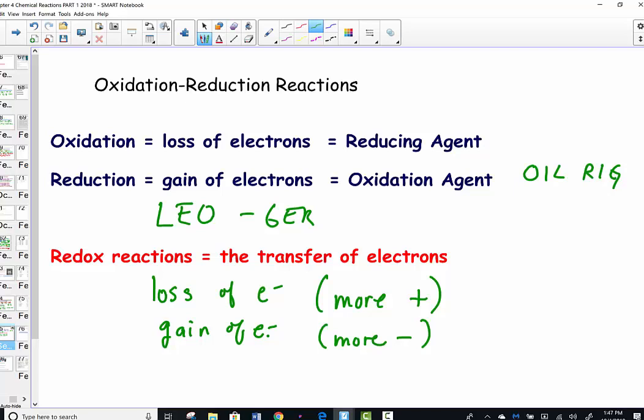So a loss of electrons on a number line results in an increase of charge, or more positive, I'll say, up the number line. And if you're heading more negative, you know that that's being reduced. Redox reactions have a change of charge from reactants to products as electrons are transferred between reactants.